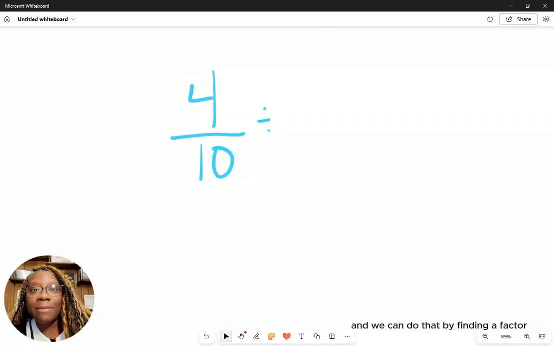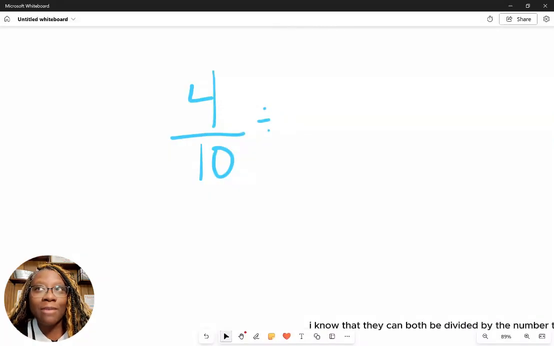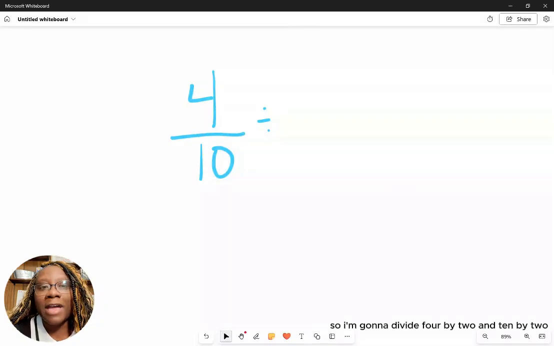And we can do that by finding a factor that they both have in common. So I have 4 and 10, and those are both even numbers. So I know that they can both be divided by the number 2. So I'm going to divide 4 by 2 and 10 by 2.